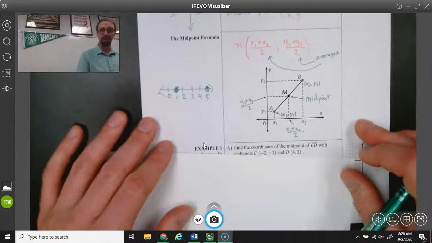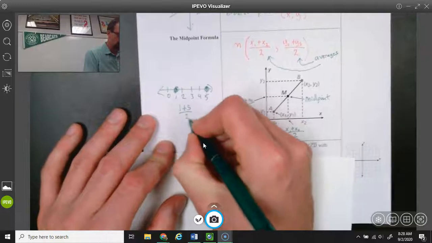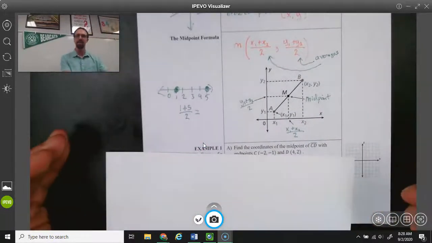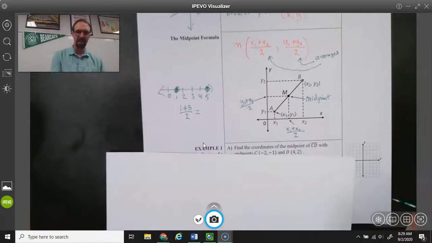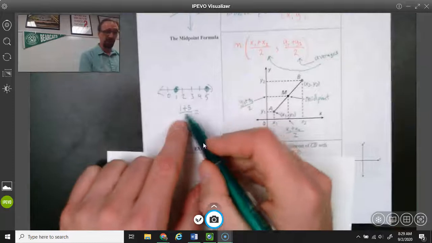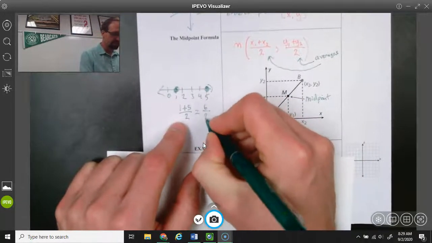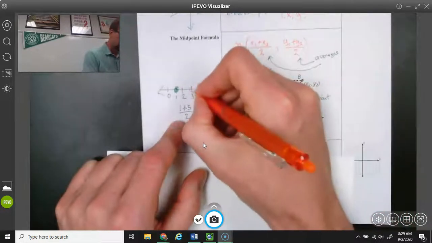What I would do is add up 1 plus 5 and then divide by 2. Now, whenever you have an operation in the numerator or the denominator, you always do that first. I talk about that as being the ninja parentheses, ninja because you can't see it. So we actually do the 1 plus 5 part first. So 1 plus 5 is 6. 6 divided by 2 is 3. So the midpoint in this example is 3.